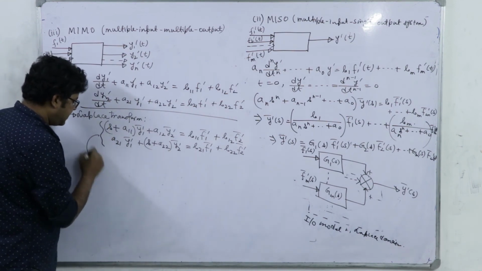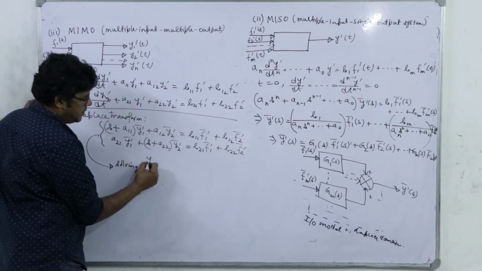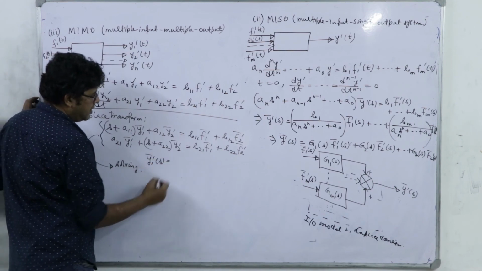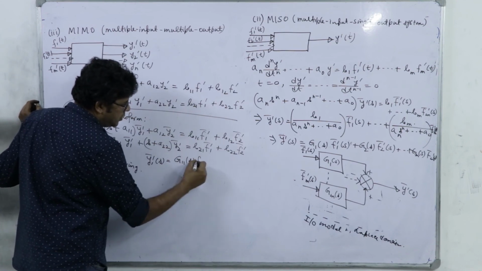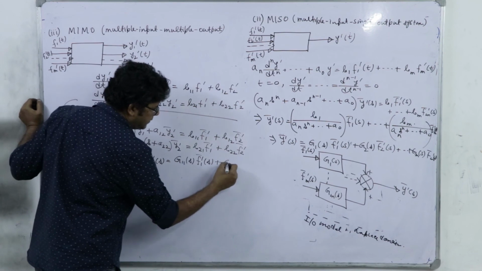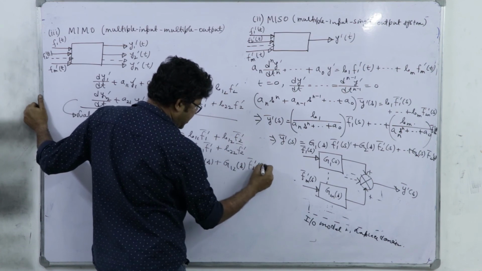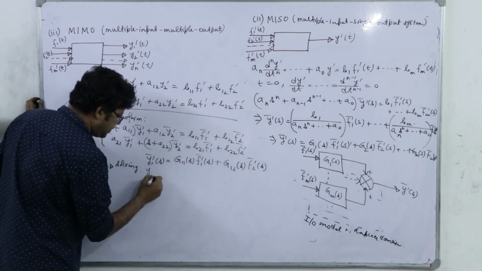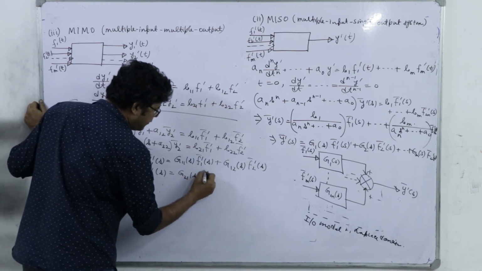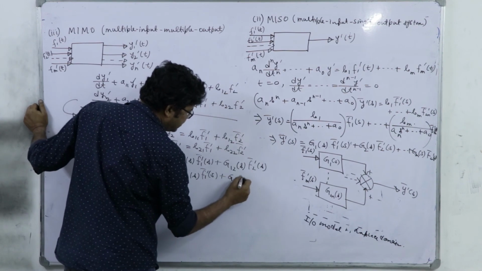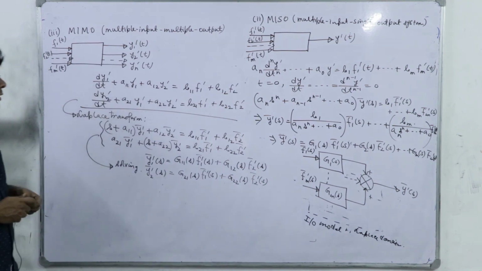So you see that if we solve, we can get a structure like y1 prime bar s is equal to g11 s into f1 prime bar s plus g12 s into f2 prime bar s, and y2 prime bar s is equal to g21 s into f1 prime bar s plus g22 s into f2 prime bar s.